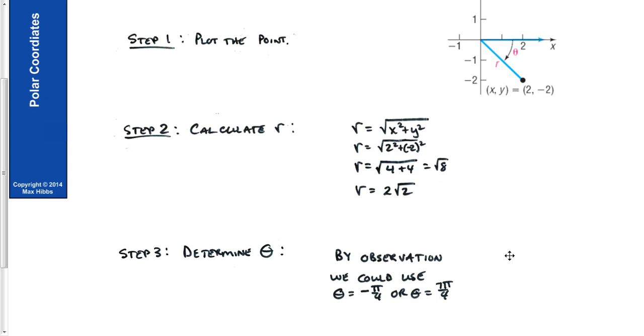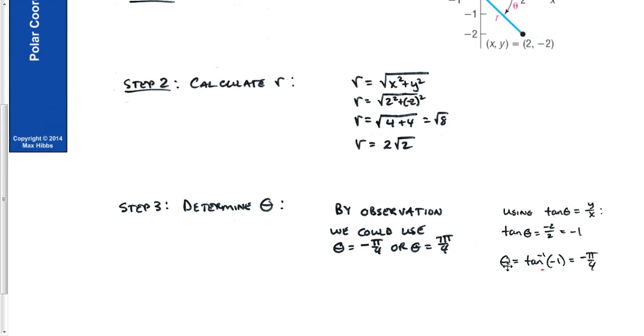But if we use our formula, tangent of theta is equal to y over x, then tangent of theta is -2 divided by +2. Y is -2, x is +2, and that simplifies to -1. So to calculate theta, it's the inverse tangent of -1, and we would get -pi/4.